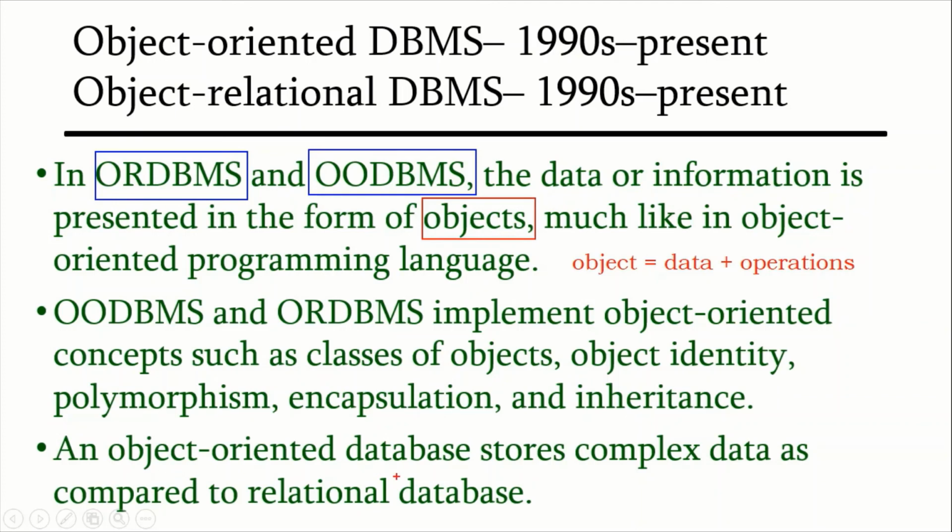Then an object-oriented database stores complex data as compared to RDBMS. Yes, when we are dealing with objects, we have a lot of flexibility to work with polymorphism, inheritance, and all these things, which are not actually supported by simple RDBMS. But OODBMS and ORDBMS support the concepts of objects.